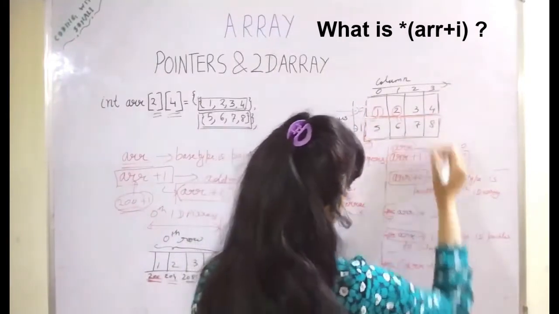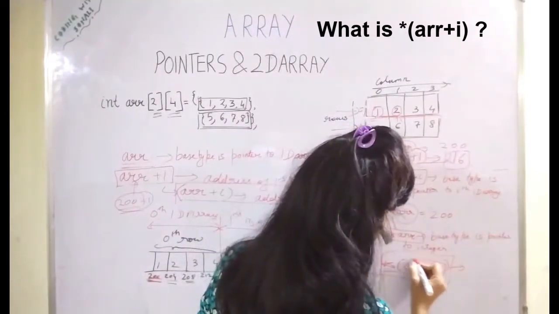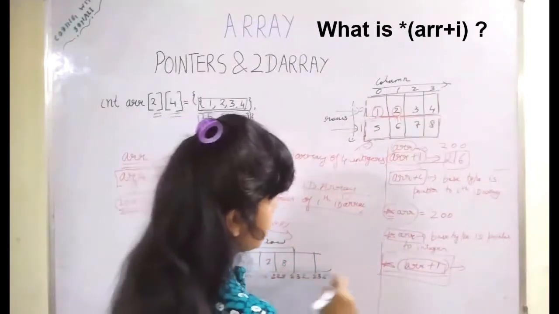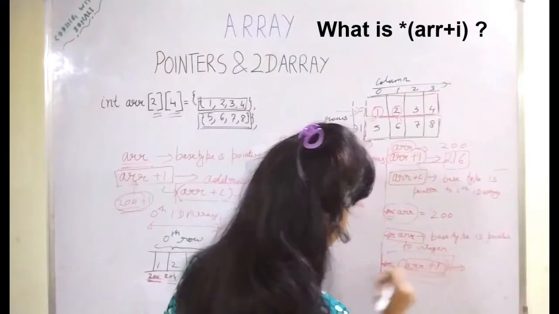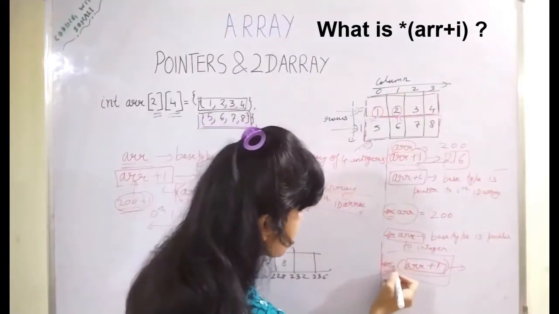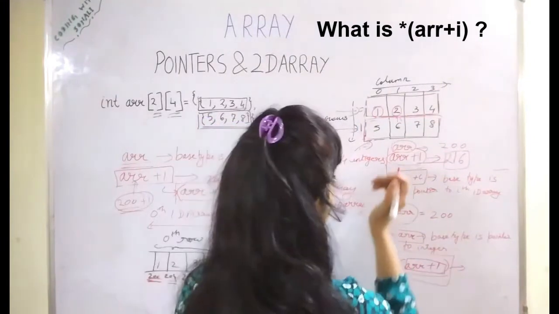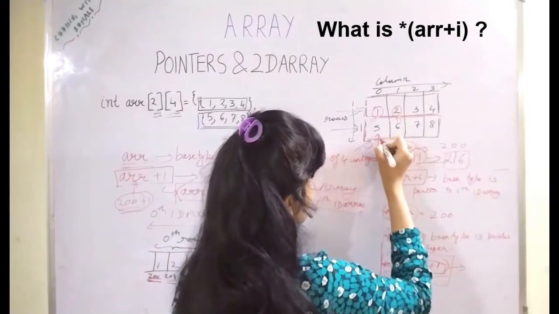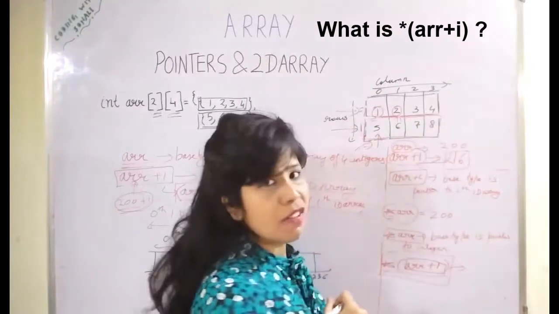So till this much we know: ARR plus 1 will be pointing to this first 1D array. Now if I dereference the whole ARR plus 1, that is, I'm using the indirection operator here, you will get the pointer to the 0th element of this first 1D array.